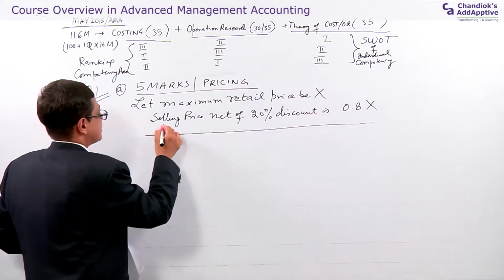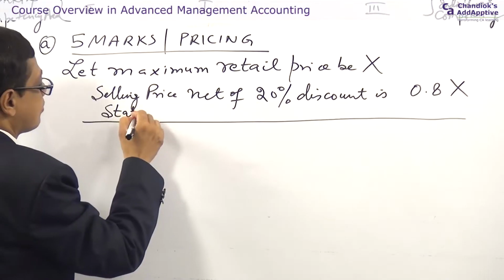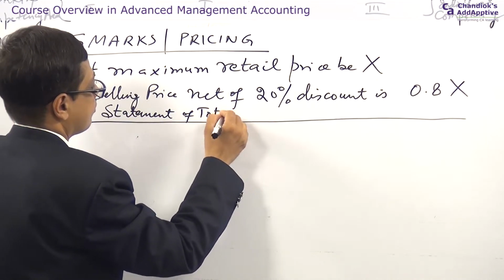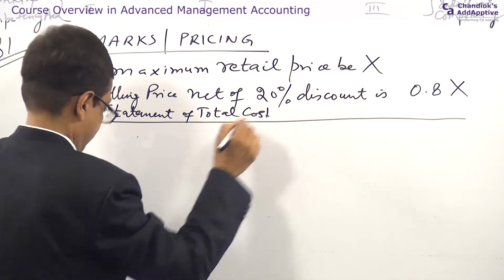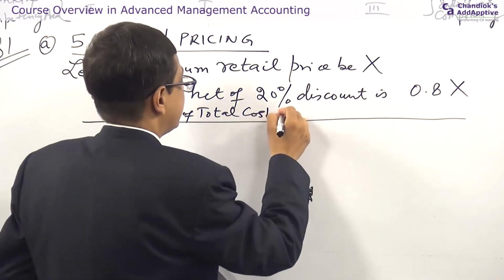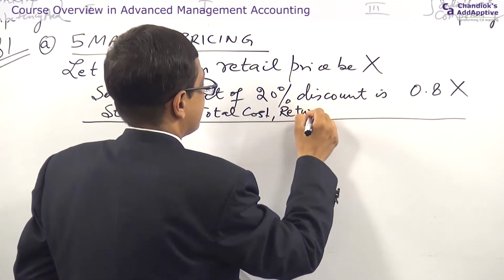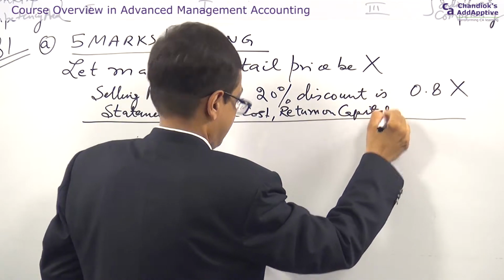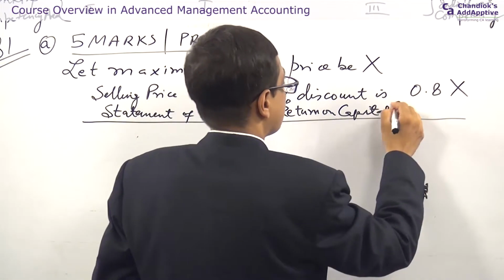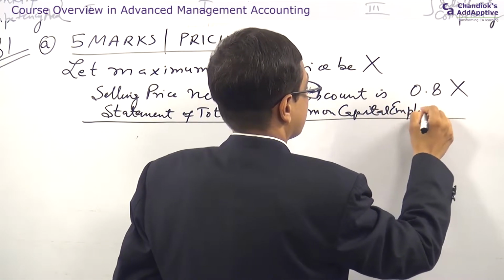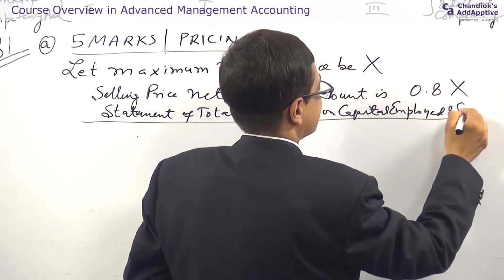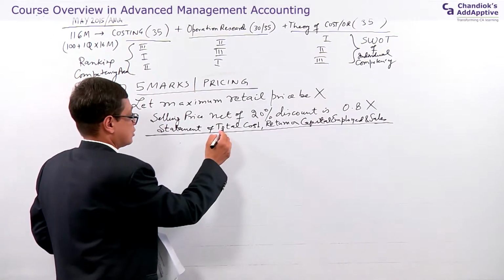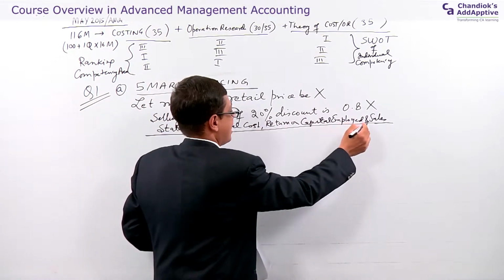The third thing is you have to get the statement of total cost, return on capital employed, and sales, right? What we need: total cost, capital employed and sales.